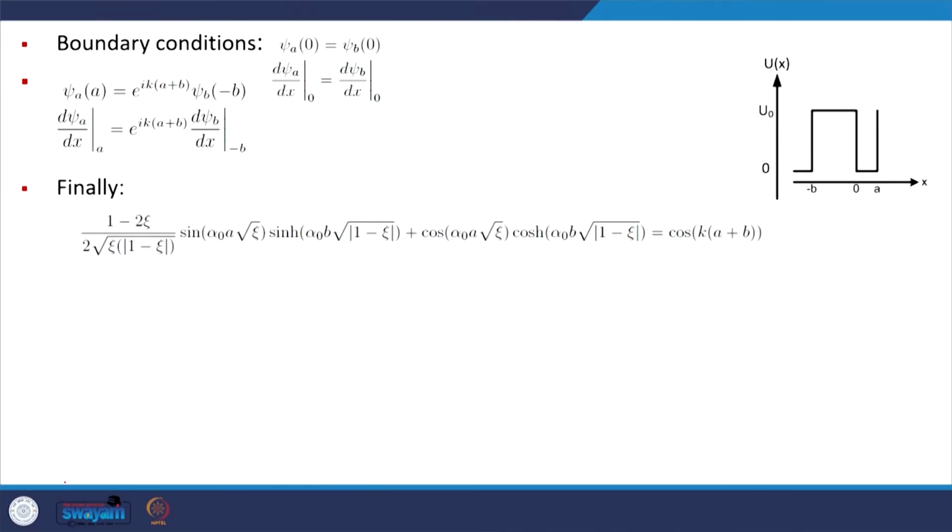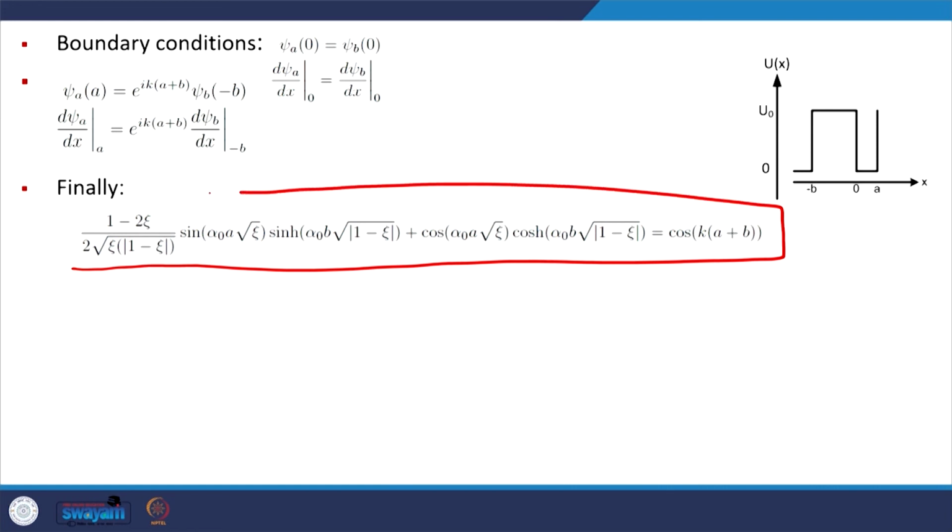So, finally, by putting the determinant of the coefficients equal to 0, this is what we obtain. This is the final relationship that gives the valid solutions of the Schrodinger equation.